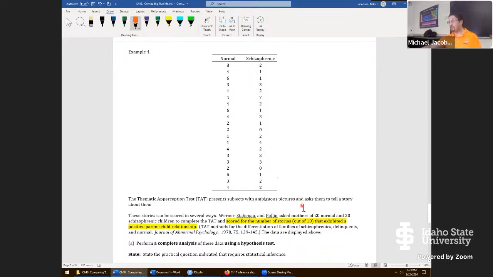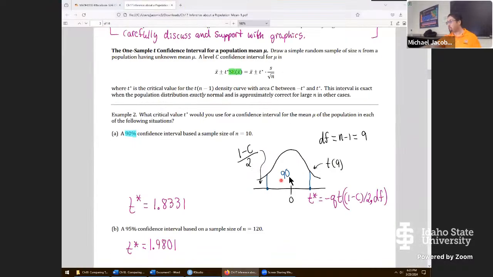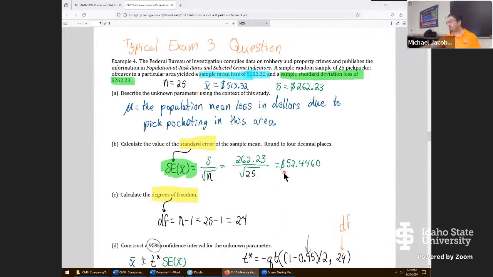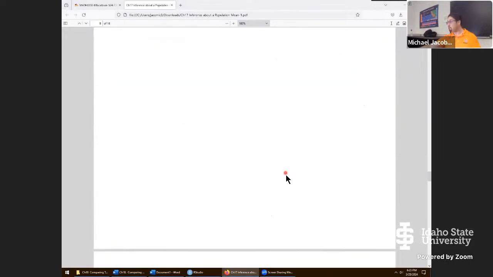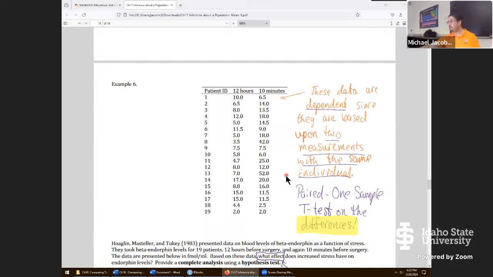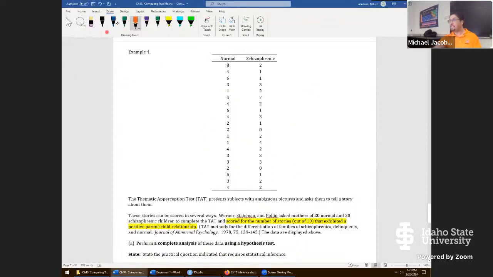But let's add something to the notes here, because if you come back to these problems, like say, this one right here is a very confusing problem, especially as we're looking at a whole lot of problems with the final exam. This was the explanation of why we used the paired one sample t-test. And now for these data, let's go over here and say 20 children.